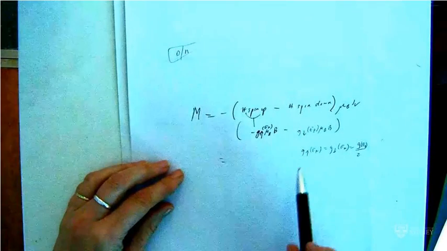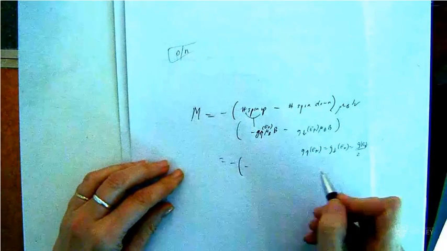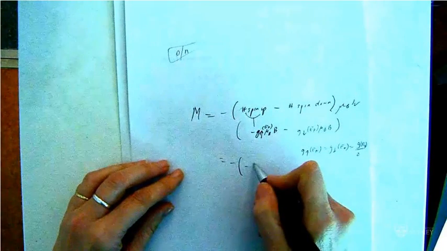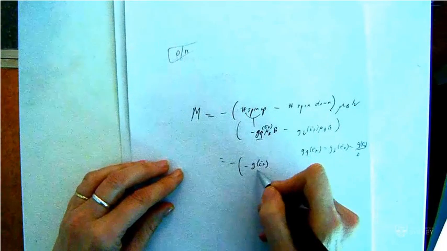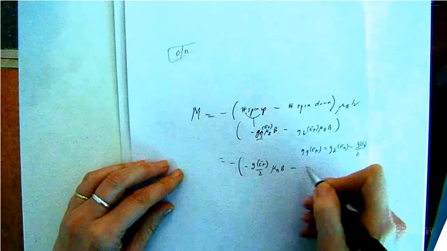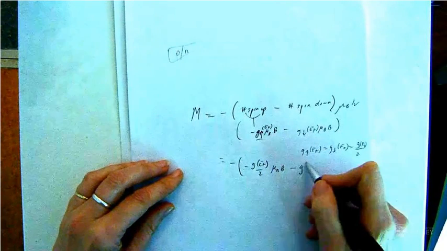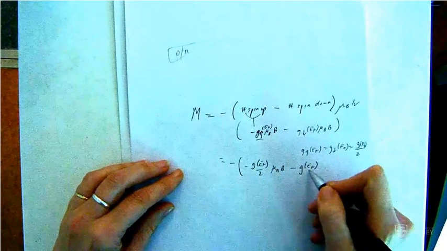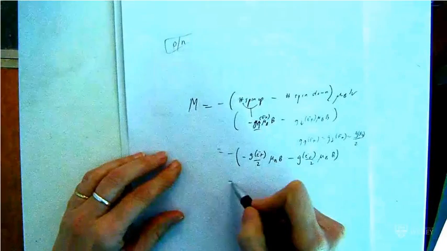So you can substitute that in, giving G(E_F) over 2 times mu B B, minus G down, which is equal to G(E_F) over 2 times mu B B. All these will cross out.